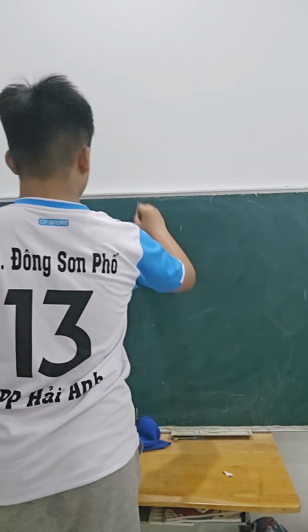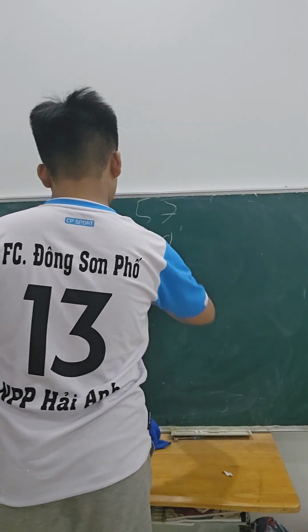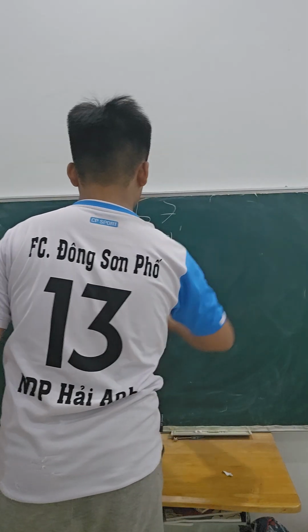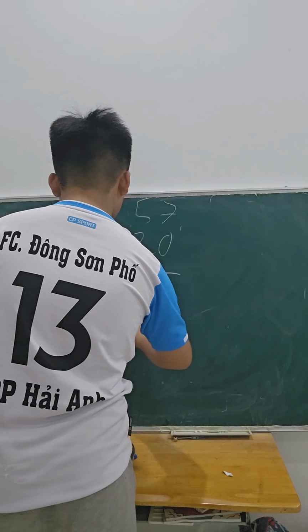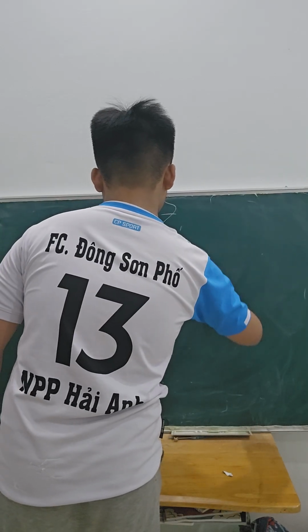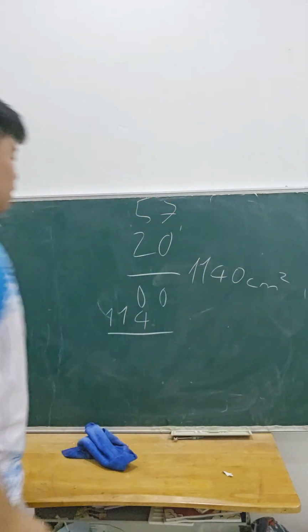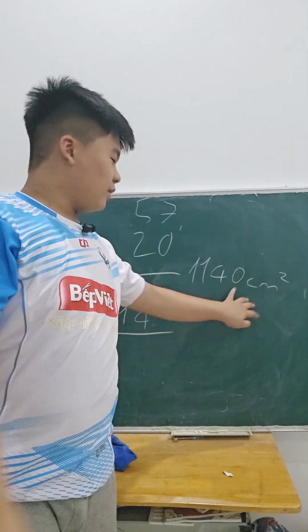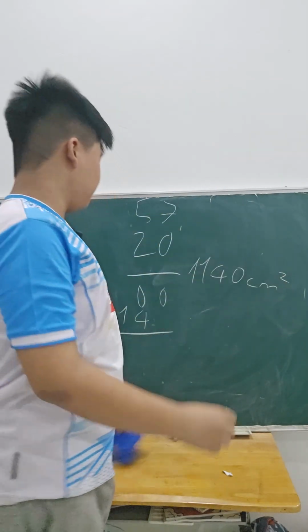So you have 57 times 20. Calculate this and you'll get 1,140 centimeters squared.